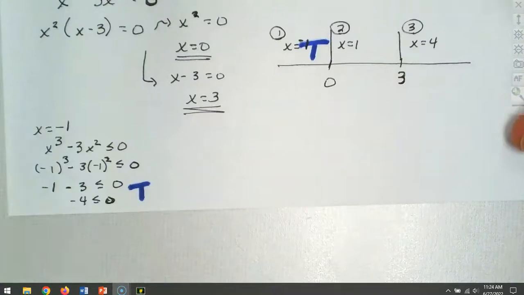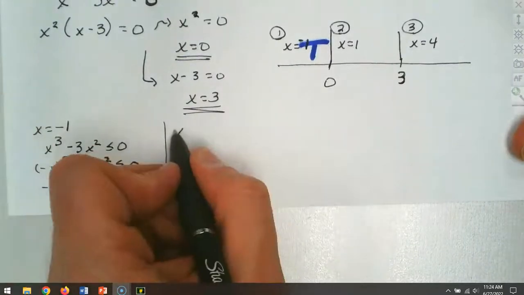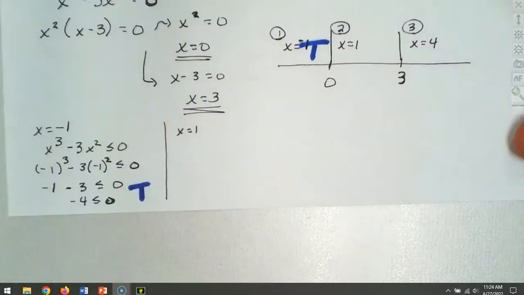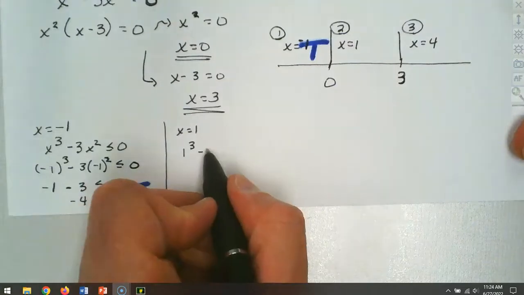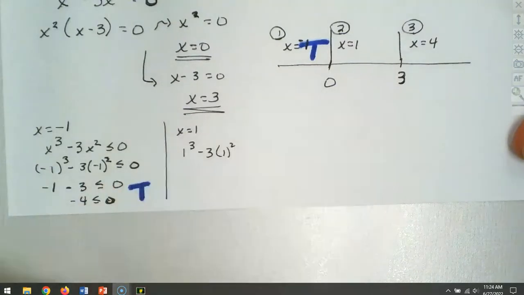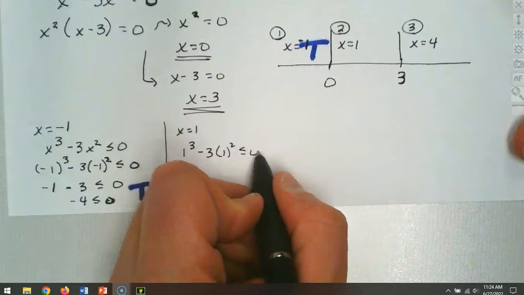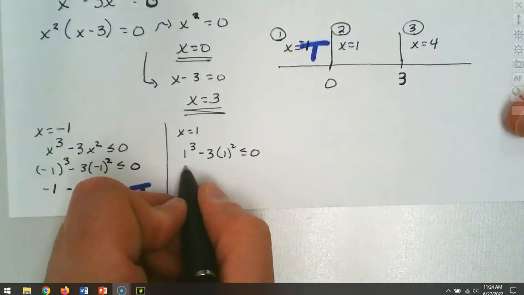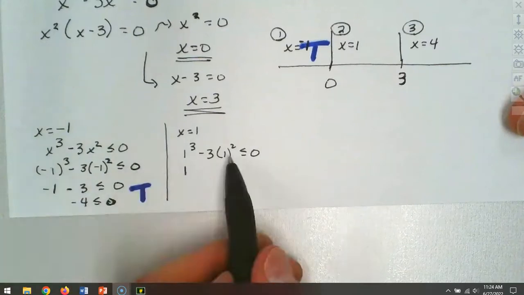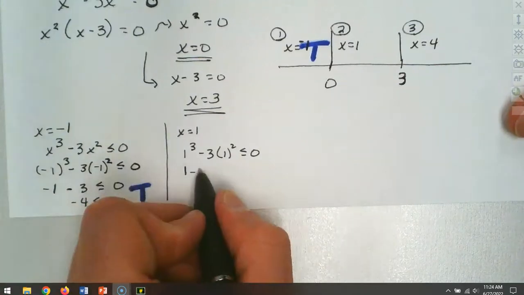Then we plug in 1. And we've got, when you check it, we've got 1 cubed minus 3 times 1 squared. And we know 1 cubed is 1. 1 squared is 1 times negative 3 makes it a negative 3.